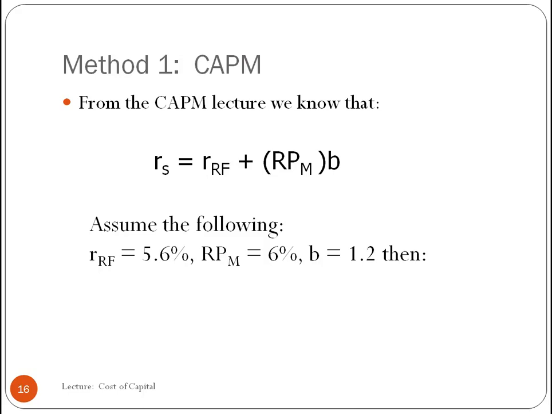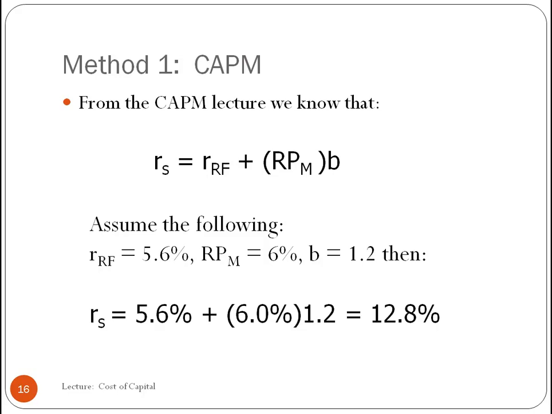So let's just say the risk-free rate is 5.6%, the market risk premium is 6%, and beta is 1.2 for a given stock. Then we can calculate the cost of equity: it's 5.6, the risk-free rate, plus 6% times 1.2, which is 12.8%, if I've done my math correctly. So from the CAPM method, the cost of equity is 12.8%. And this follows from the lecture on the CAPM.